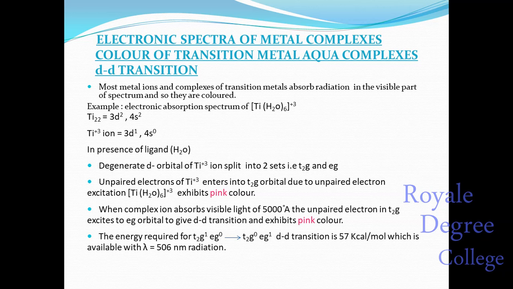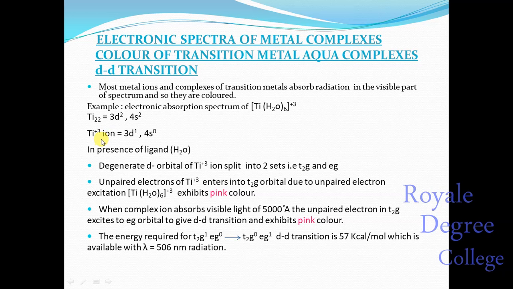An example here is the electronic absorption spectrum of this particular complex ion, that is [Ti(H2O)6]3+. Here the central metal atom is titanium. The atomic number of titanium is 22. The outermost electronic configuration of titanium is 3d2 4s2.